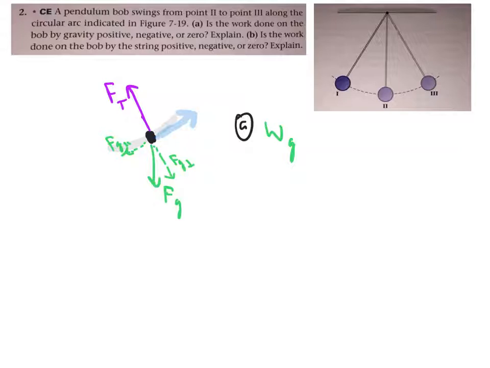The bob moves upward, gravity pulls against that, and therefore the work done by gravity is negative, since it's opposed to the actual motion.